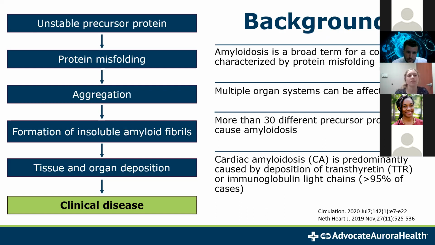Although there are more than 30 different precursor proteins that can cause amyloidosis, luckily for us, cardiac amyloidosis, also known as amyloid cardiomyopathy, is predominantly caused by either transthyretin deposition or immunoglobulin light chain, which together accounts for more than 95% of the cases.